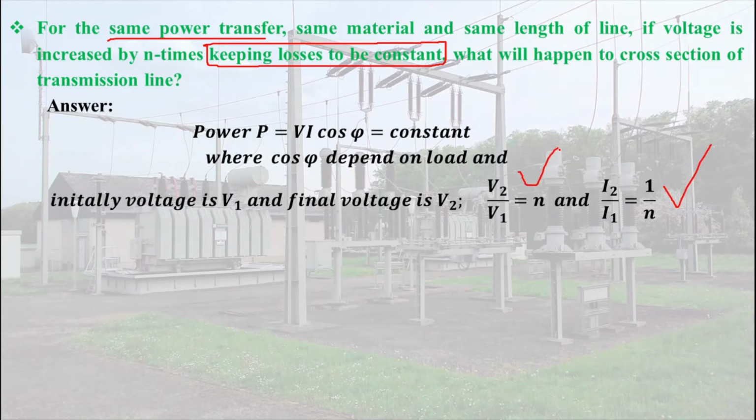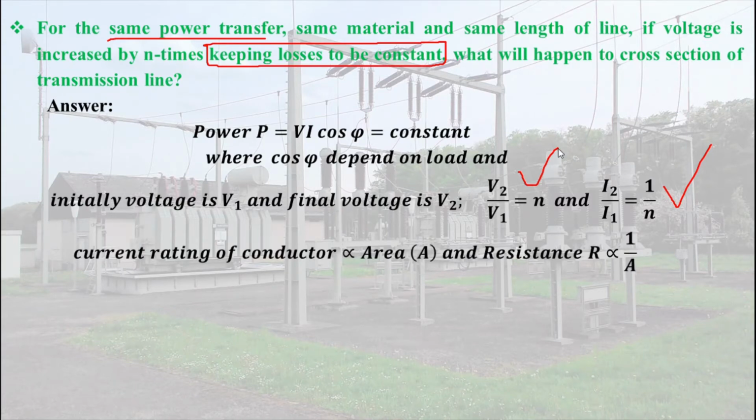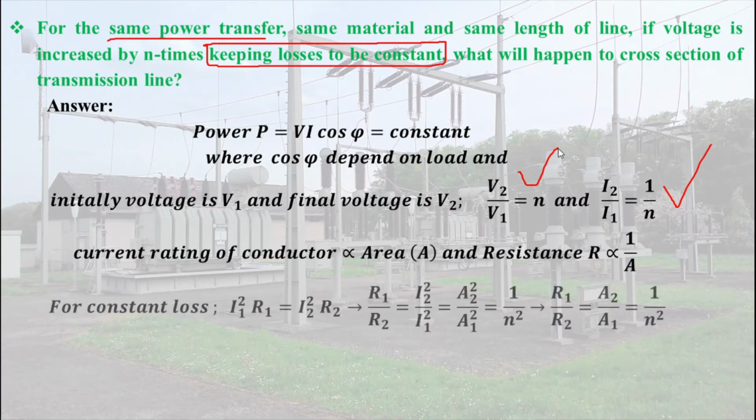Now the second condition is losses are constant, meaning I squared R is constant. So we can write I1 squared into R1 = I2 squared into R2. On rearranging this, we get R1/R2 = I2 squared/I1 squared.